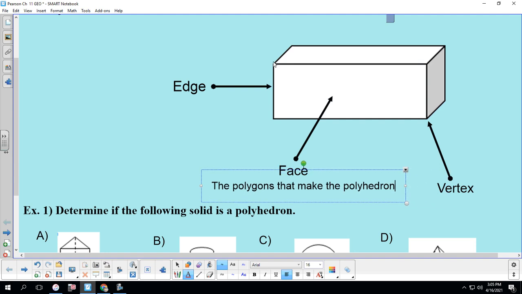So the face is just the polygons that make up our 3-dimensional shape. Our edge is where 2 faces intersect. And our vertex is where 3 or more edges intersect.